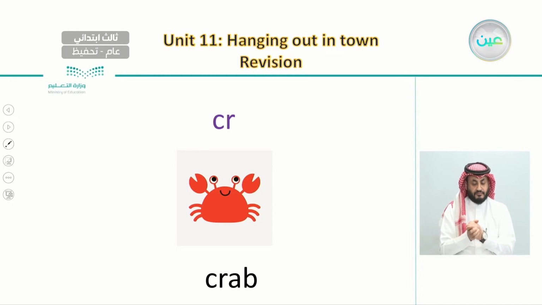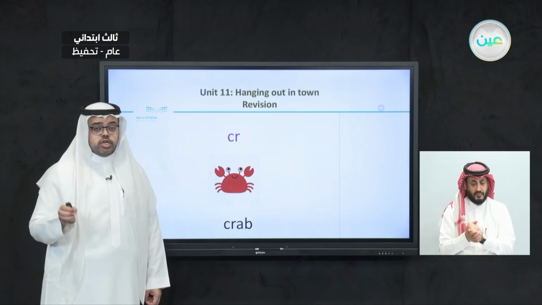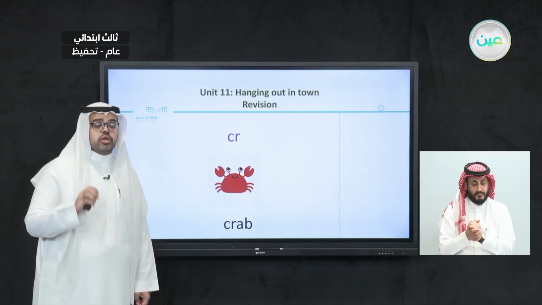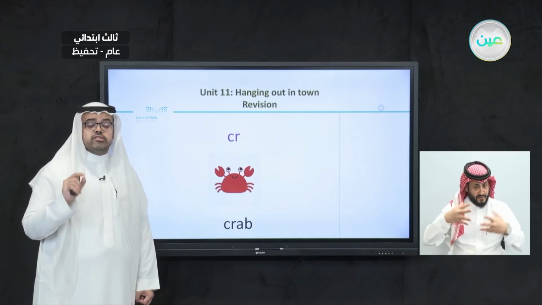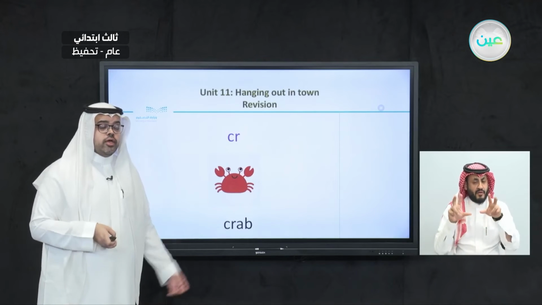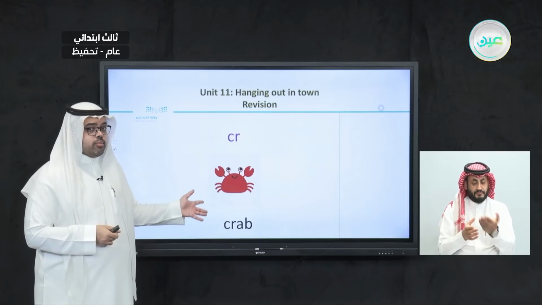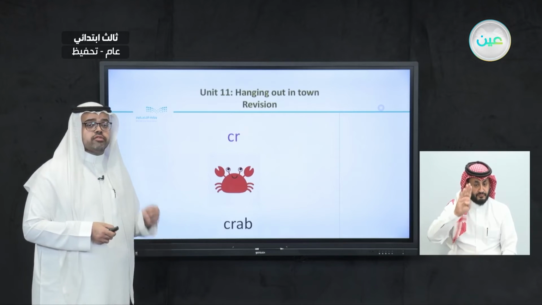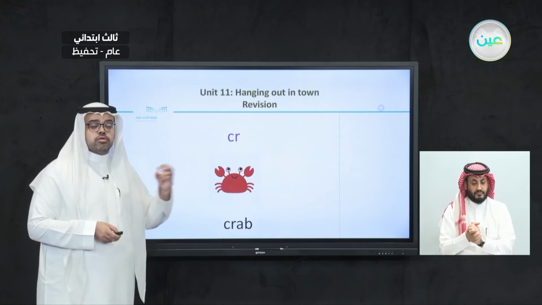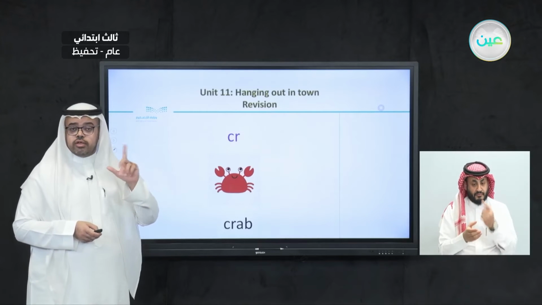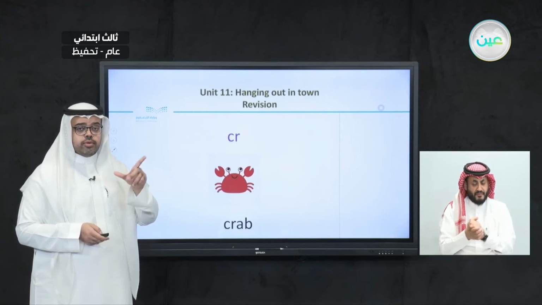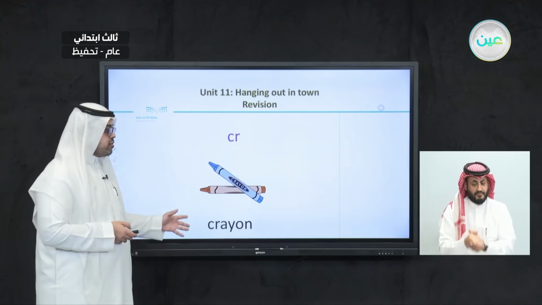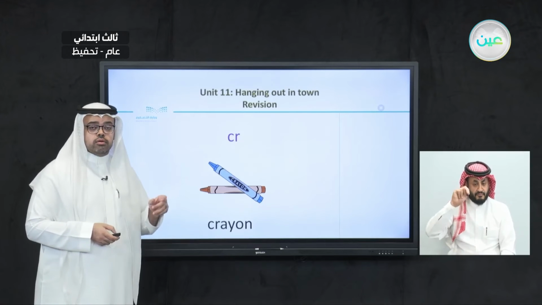And the same here with the other blends, we need to pronounce these blends as one unit. As we have here with the blend of C and R, we should pronounce this word as crab. Crab. You see, CR is in one unit. Crab. And also the second one, crayon.